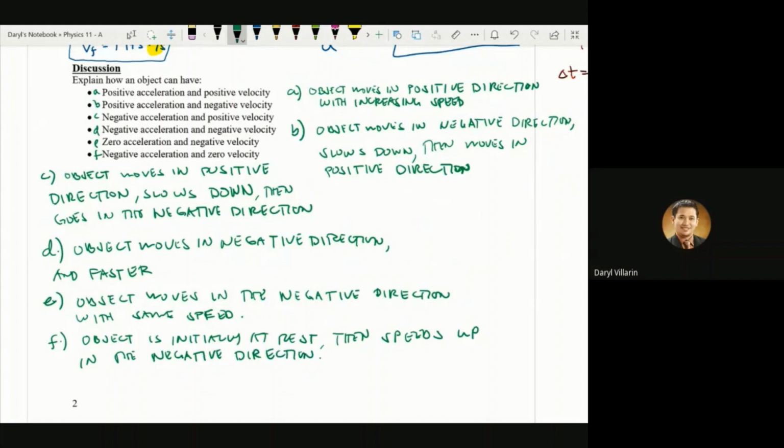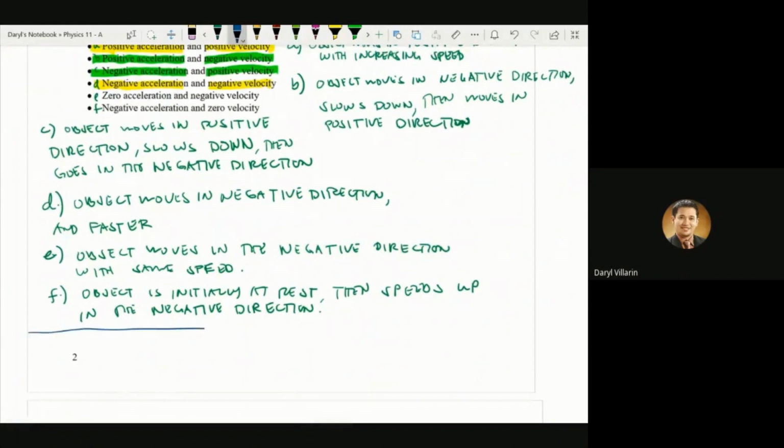For all of these questions here, you can actually deduce this into two cases. You can think of velocity and acceleration having the same sign, just like in the case of letter A and letter D, right? And the case wherein the acceleration and velocity have different directions, okay? So in that particular case, you can summarize your results by looking at their directions.